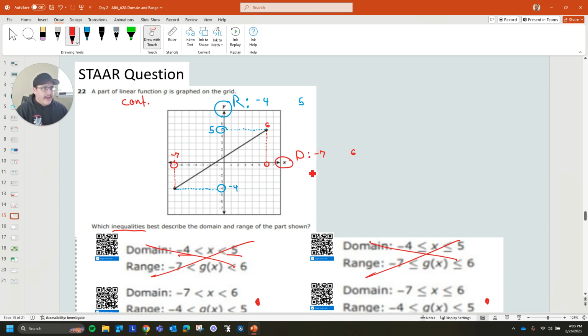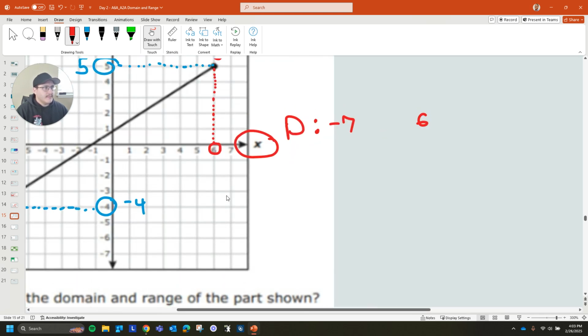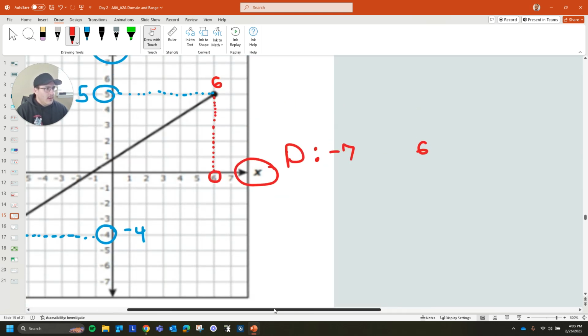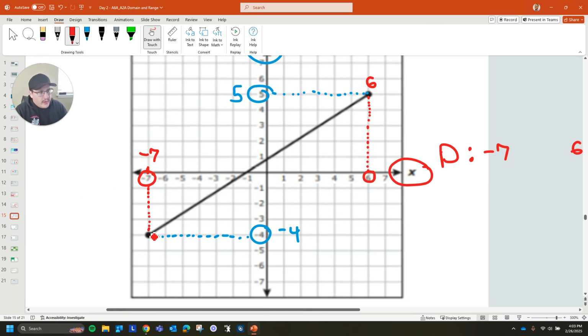Let's go back to domain now. So domain, I notice, is a solid dot with no break in between and another solid dot. Now for solid dots, we had less than or equal to, greater than or equal to. Okay? With open dots, we had less thans or greater thans.